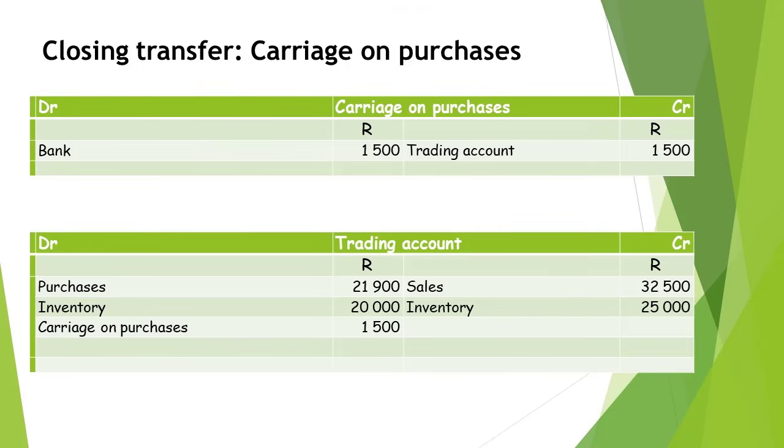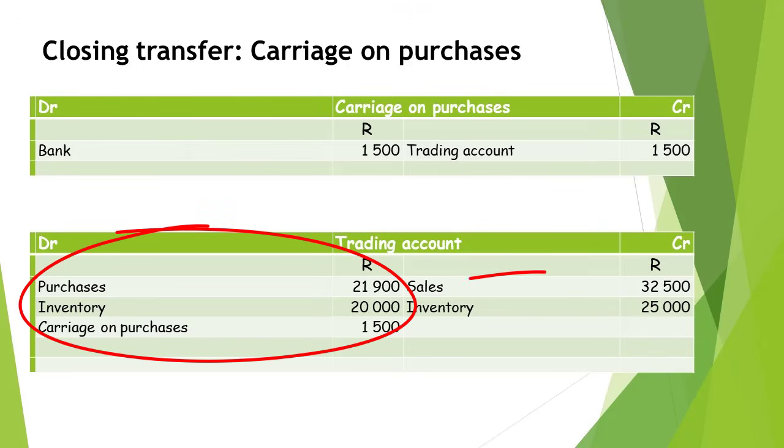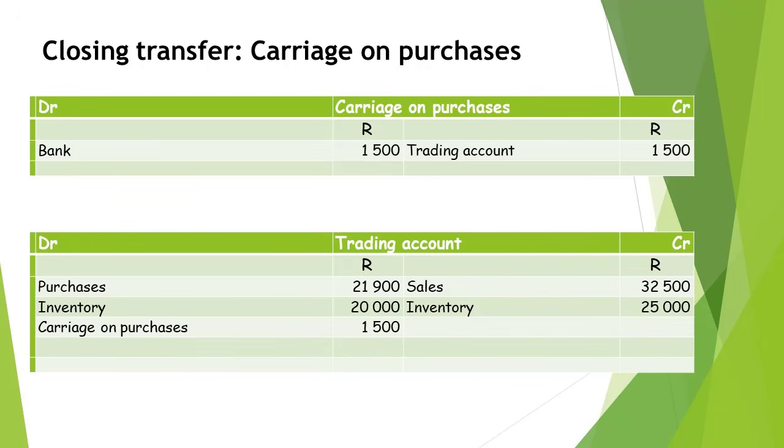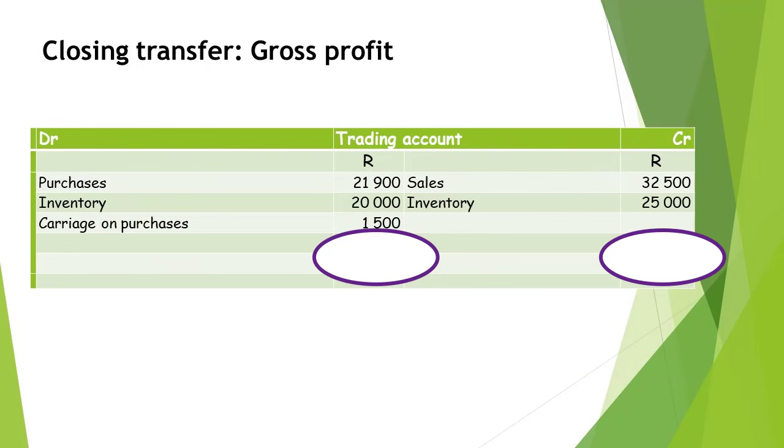If we therefore take the entries on the debit side less the closing inventory from the credit side, the amount for cost of sales is now recorded in the trading account. The other entry in the trading account on the credit side relates to net sales. Net sales less cost of sales is equal to gross profit. The trading account can now be closed by transferring the gross profit or loss to the profit or loss account.